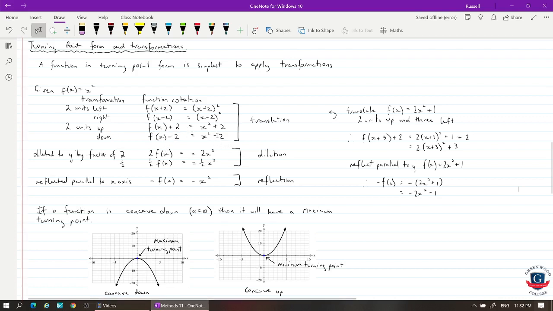So if we're looking at the transformation from y equals x squared to 2 units on the left, it would be y equals x plus 2 squared, so on and so forth.